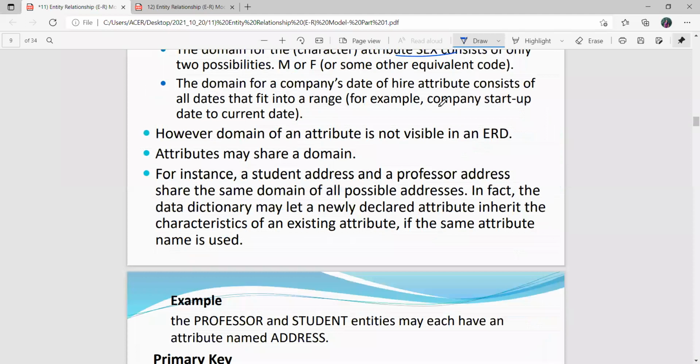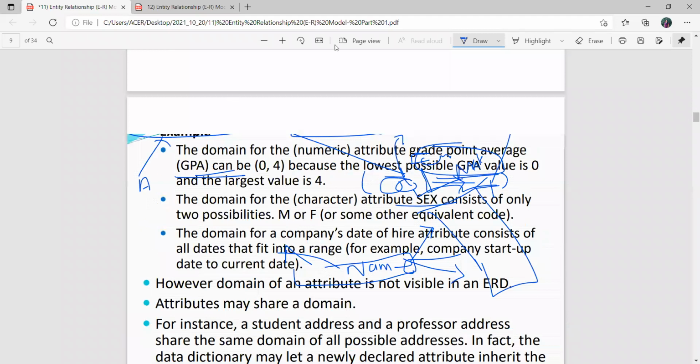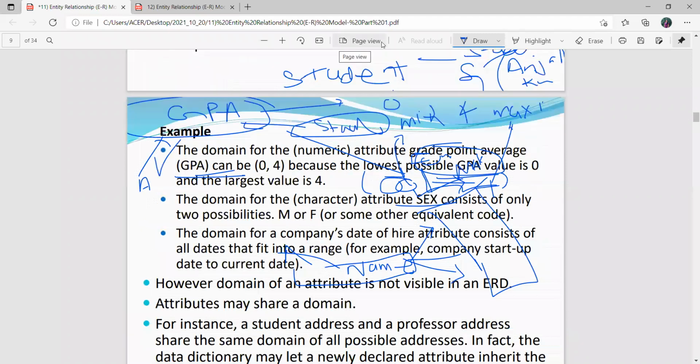Excuse me, madam, when we consider the name, what is the domain of that attribute? You can use any name for the entity. There are some limited domains. Examples of limited domains: GPA can only be within 0 and 4, and sex can only be female and male.